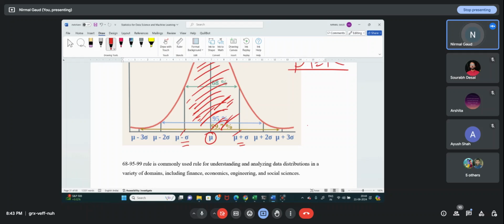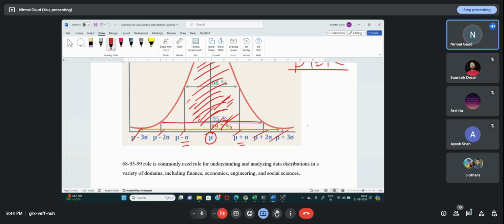If we add one more sigma, this will be 2 sigma, where we are assuming 95% of the data. And if we add one more sigma, this will be nu minus 3 sigma and nu plus 3 sigma. That means we are assuming 99.7% of the data around the mean.